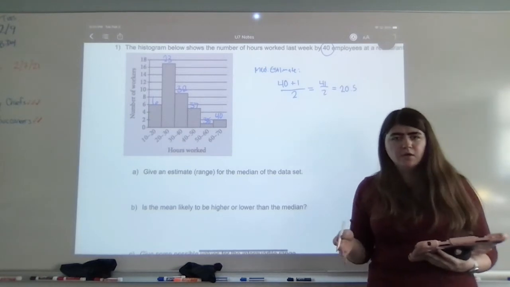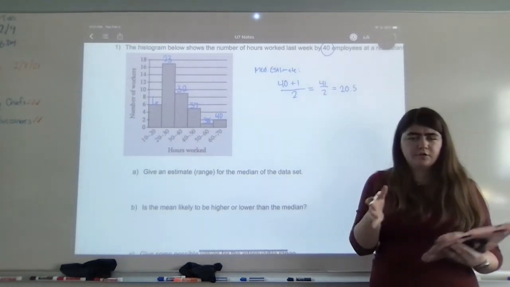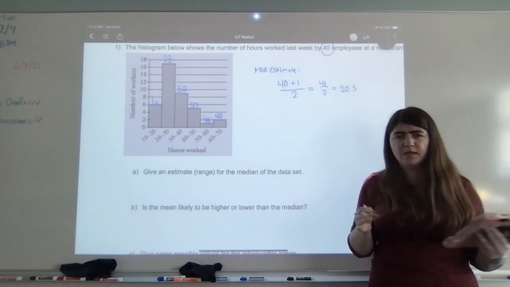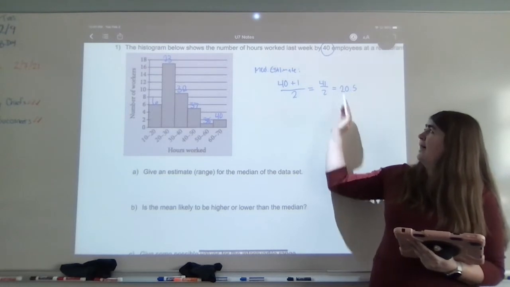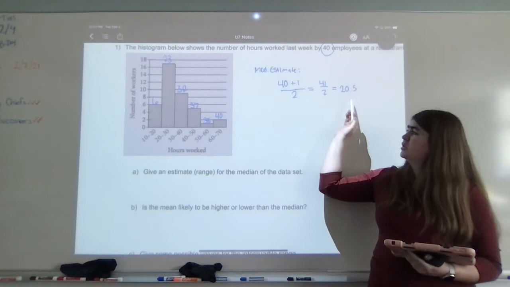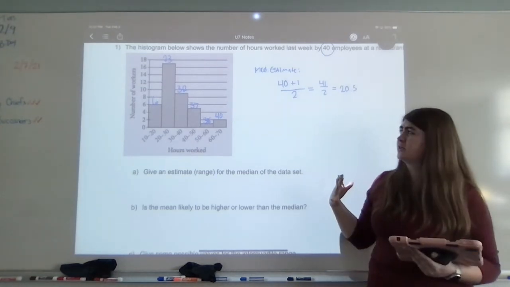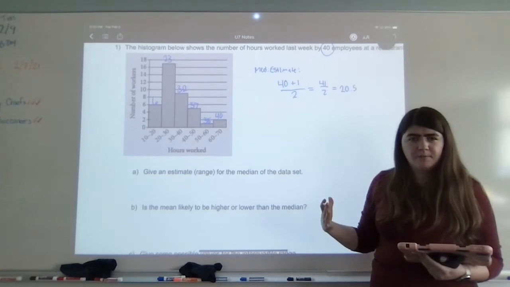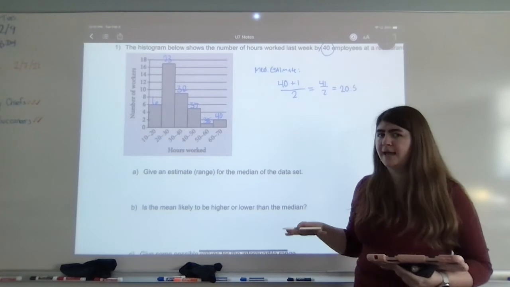So our median will be exactly in between, so there will be 20 data points on the left of the median and 20 data points on the right of the median. And so we're looking for halfway between those 2 center data points. So we are at 20.5, so between our 20th person and our 21st person is where our median will be. Again, that's the location of the median, not the actual median.